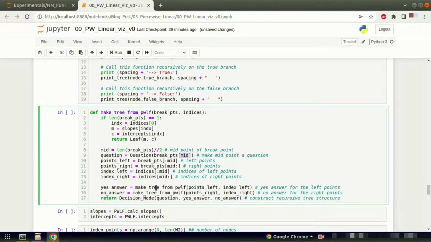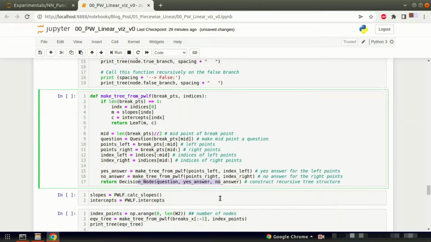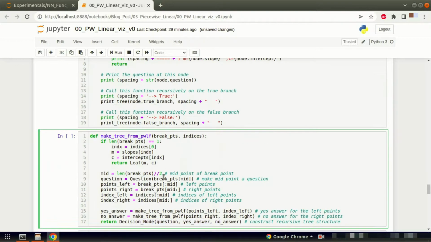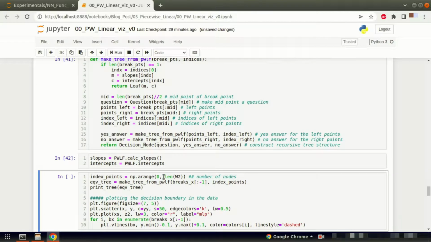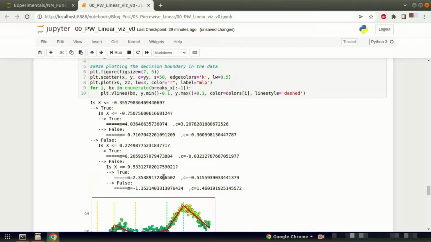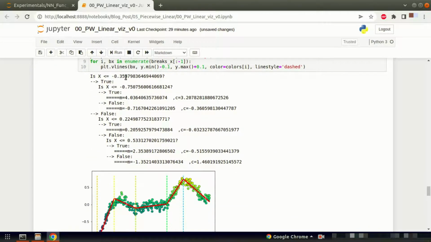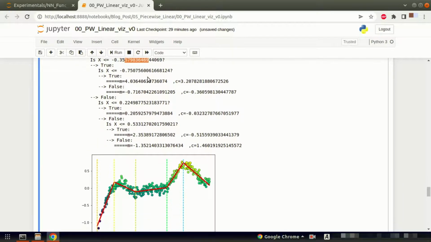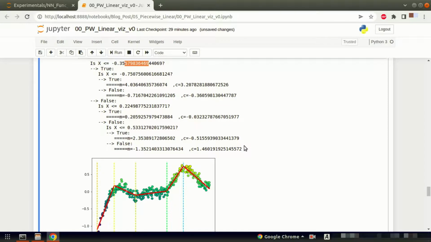So doing this recursively, we get a decision tree, and we convert it into a decision tree, right? And we can see that the decision boundaries are given by these lines at the breaking points, and let's see how the tree works.